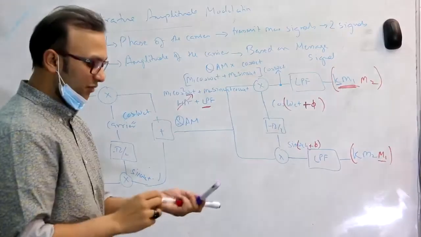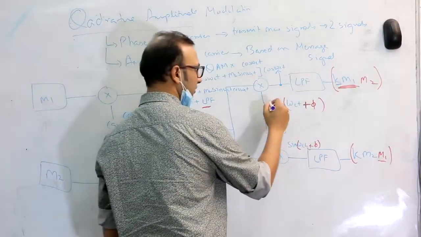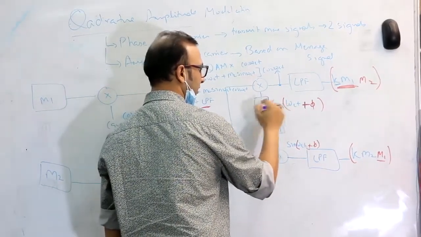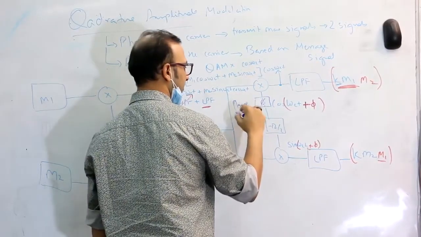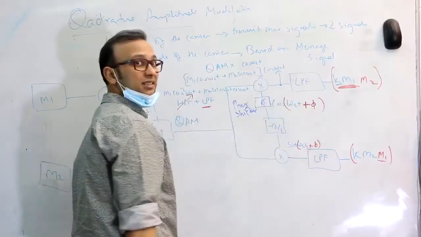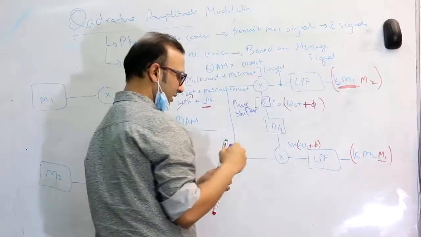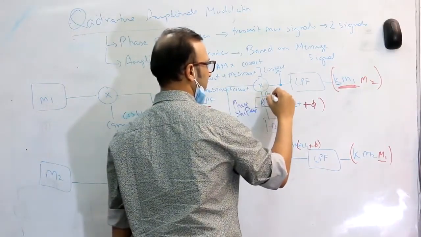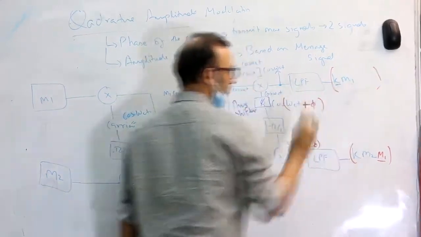The best way to fix that is, when you're multiplying it, to have a phase shifter. This phase shifter will get rid of the extra phase that is there, and at the end you will be left with cosine omega ct, and you will not have this extra interference.